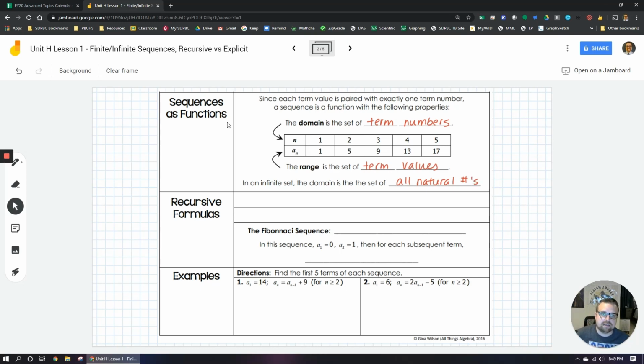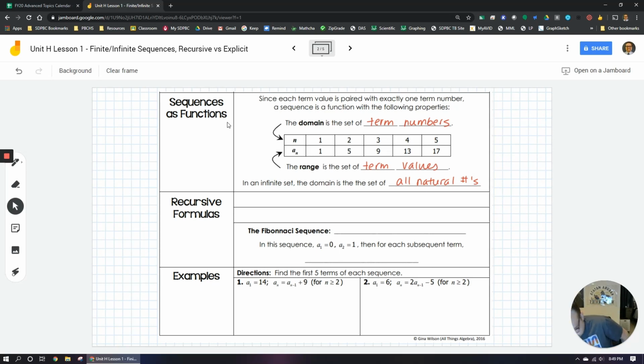In a sequence, which is a function, you won't have any inputs like -1, -2, -3. It's only going to go from 0 up until basically infinity, because it's an infinite set.